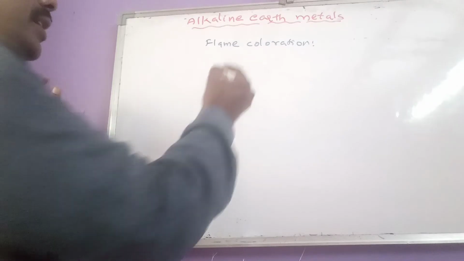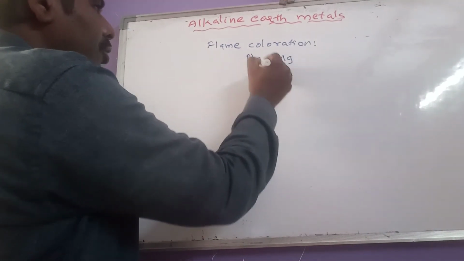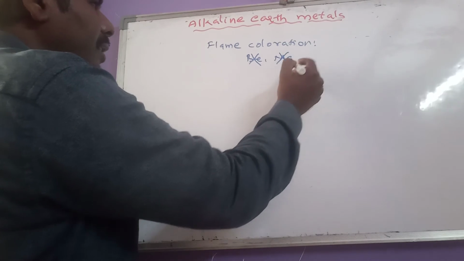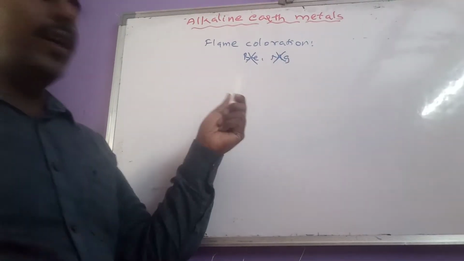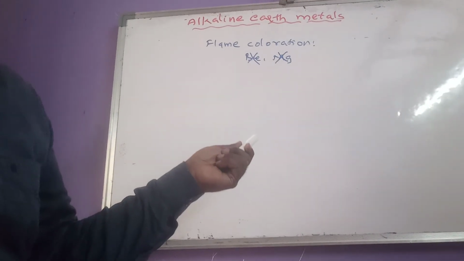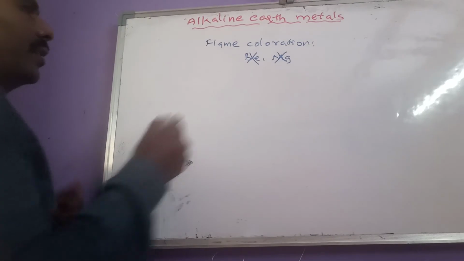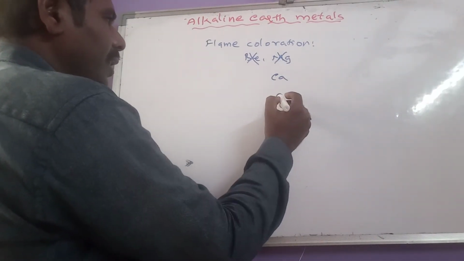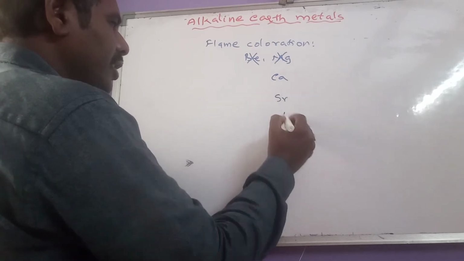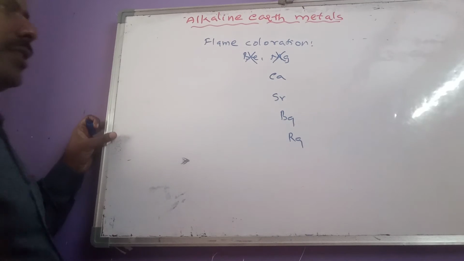Of course, here beryllium and magnesium, due to smaller atomic size and high ionization potential, do not exhibit the different colors. Now, the remaining elements, that means calcium, strontium, barium, and radium, exhibit the colors.